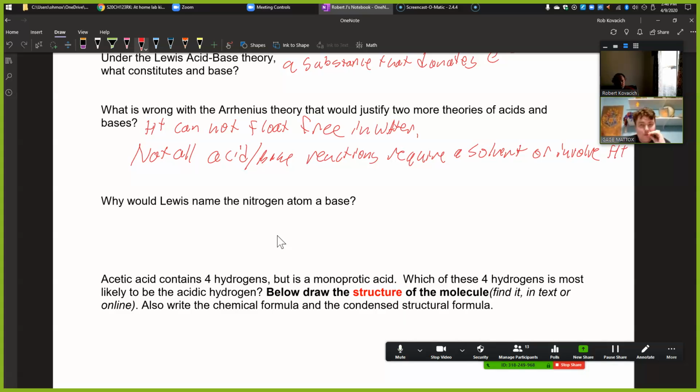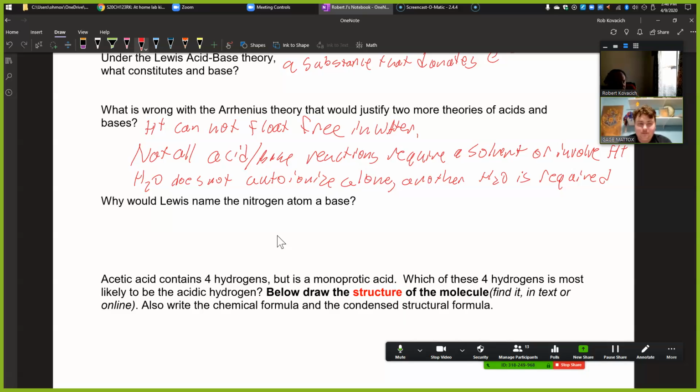Anything else? Water molecules just don't turn into H plus and OH minus. You need two water molecules to run into each other to turn into hydronium ion and hydroxide.